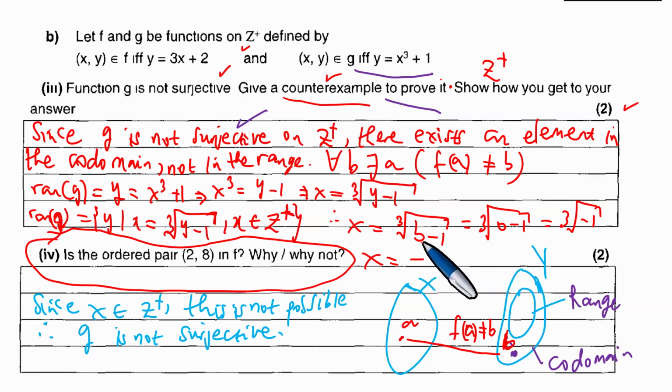Now if we make b 0, we just choose 0. We have 0 minus 1, which is minus 1. We take the cube root of minus 1. We get x equal to minus 1, yeah?